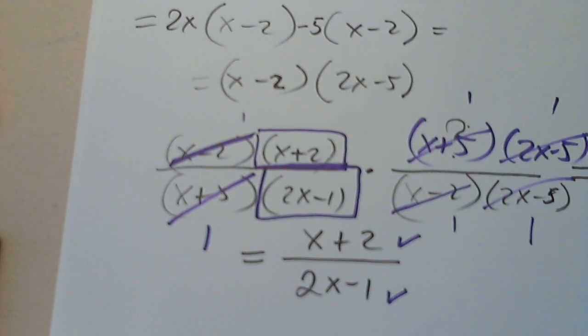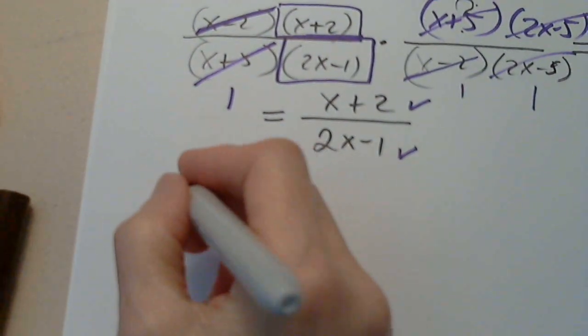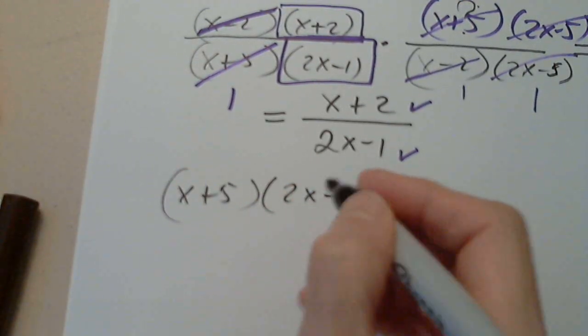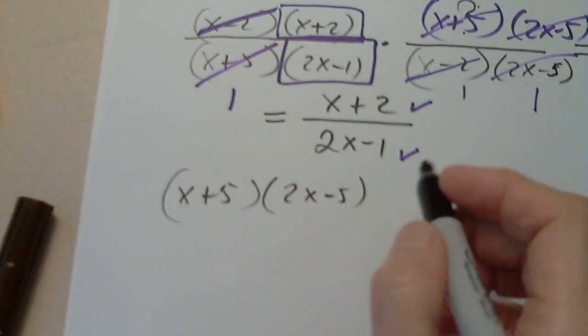Now, carefully, let's read the fine print. Do they want it factored? Do they want it expanded? How do they want it? The polynomial in the second denominator is. So, they do not want the factored form. So what I need to do is use FOIL on x plus 5, 2x minus 5, distribute.